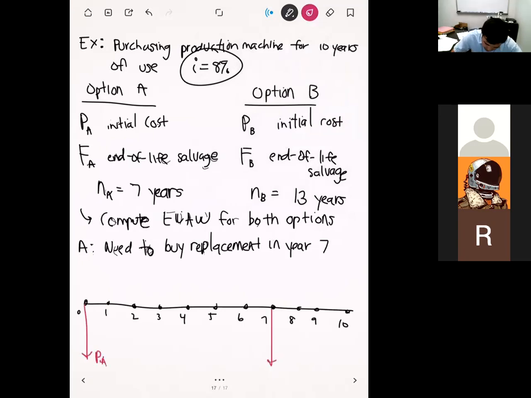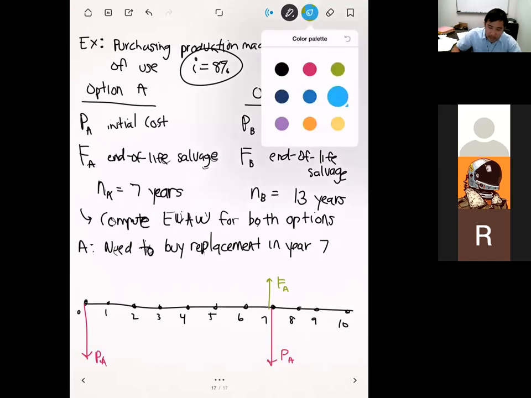Then we have another P sub A in year 7, because that's when we need to buy a new one. And in year 7, we're going to salvage that first one, so we're going to have an F sub A here.